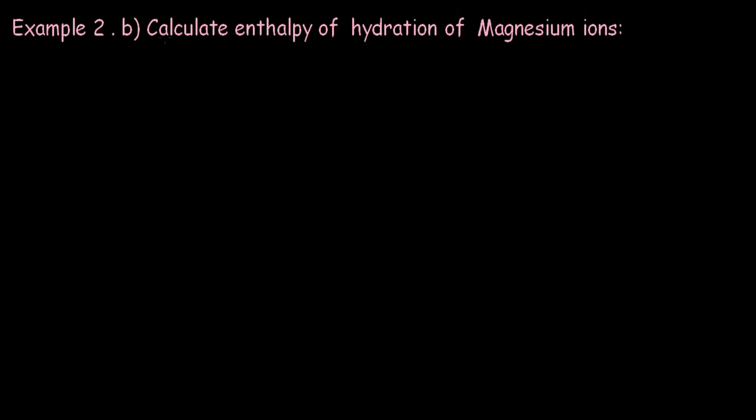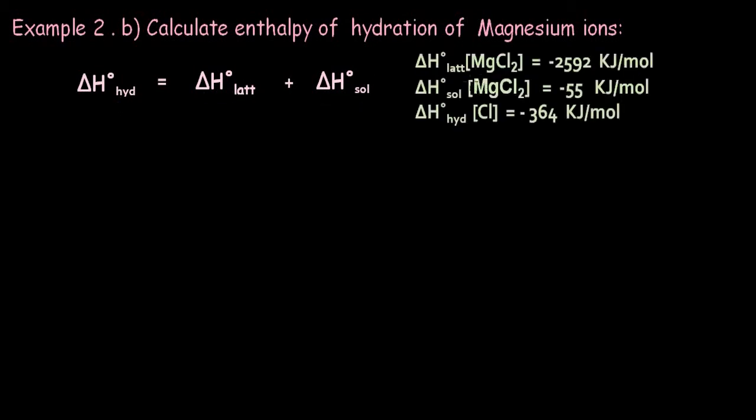Part B of the same question: calculate the enthalpy of hydration of magnesium ions. And as we know, the formula for the enthalpy of hydration is enthalpy of lattice plus enthalpy of solution. The following values are given in this question: enthalpy of lattice of magnesium chloride, enthalpy of solution of magnesium chloride, and enthalpy of hydration of chloride ion.